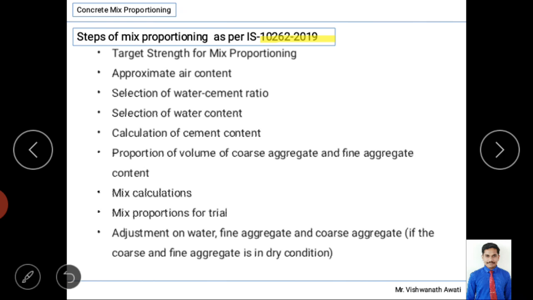It all depends on the given data. When they give a problem, we have to be very careful what kind of data they have given, and according to that only we have to design the mix proportion as per the code book. The last step is mix proportion after adjustment for dry aggregate.